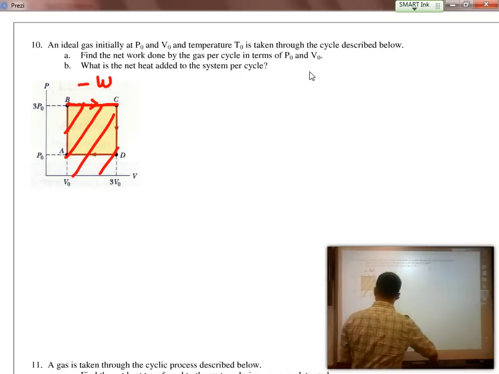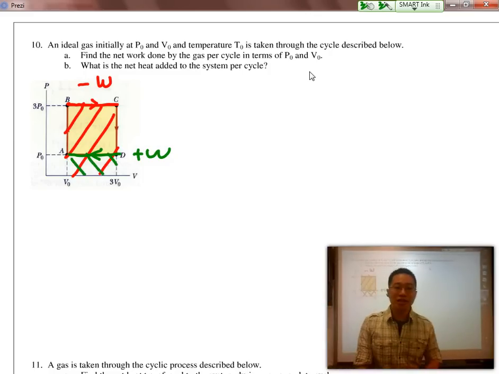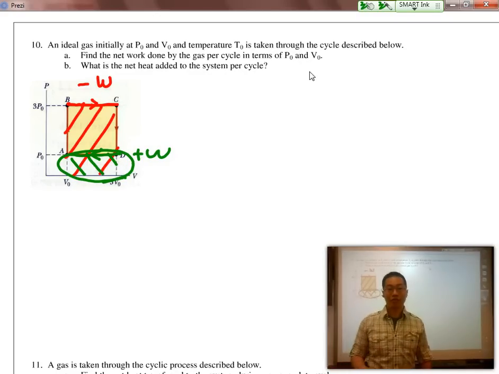My other line that also has work is from D back to A, and over here I have a positive work, and everything underneath D to A is positive. You can see that in this portion over here, the positive work and the negative work cancel each other out.